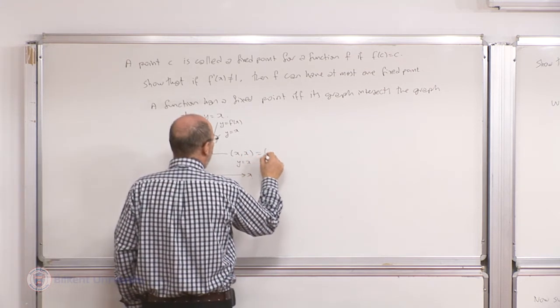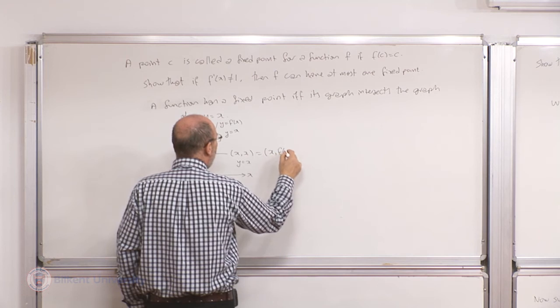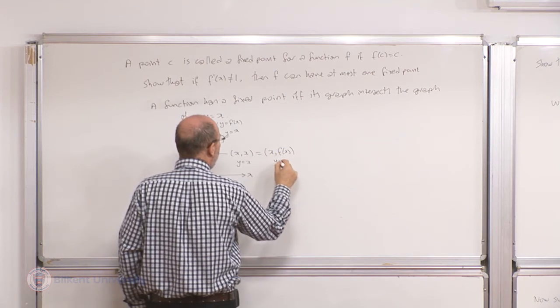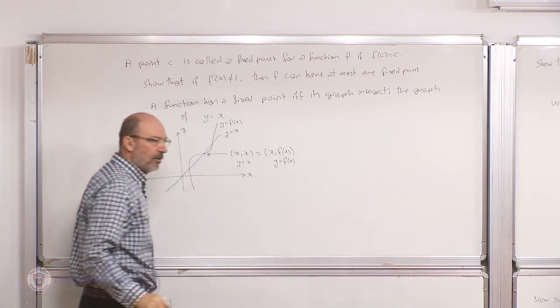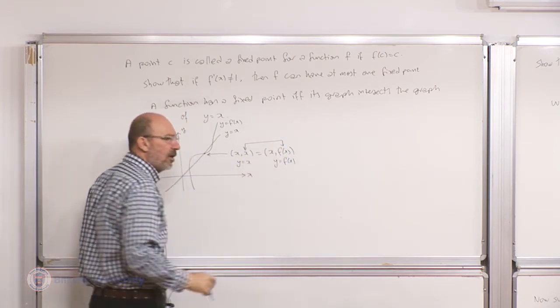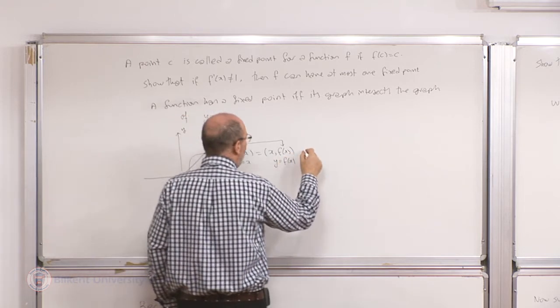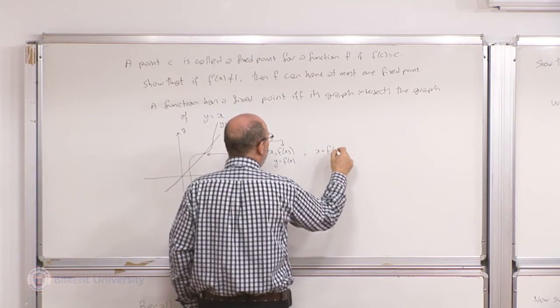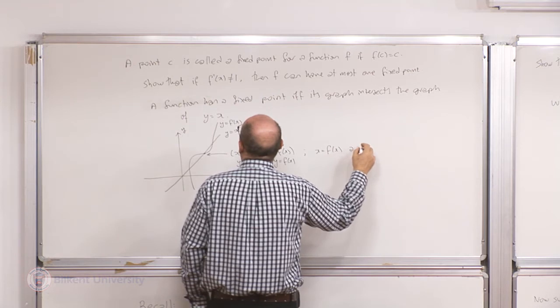And this has the form x, f of x, since it is on the line y equals f of x. So we have these two things the same: x equals f of x, a fixed point.